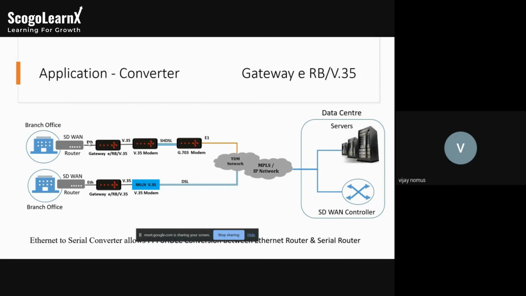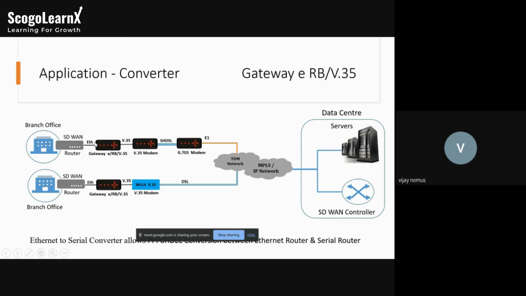The branch office has the SD-WAN. SD-WAN provides the Ethernet output, and that Ethernet output is connected to the RB V35 and one V35.